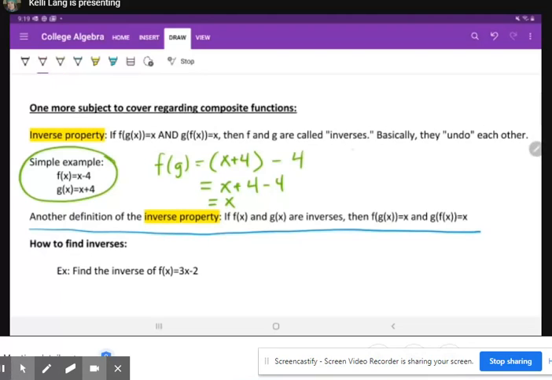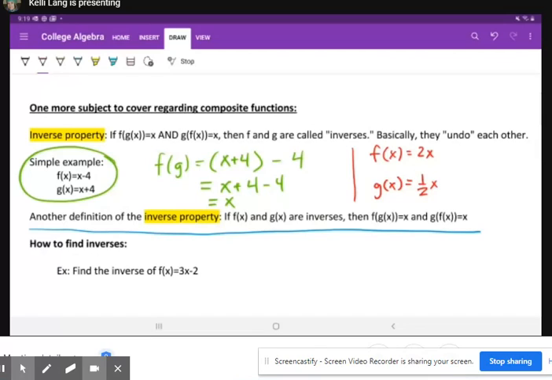Now you could do something similar with f of x equals 2x and g of x equals 1 half x. These would be inverses because if you plug one of the functions into the other, the 1 half and the 2 are going to kind of multiply together to undo each other because they're inverses of each other.